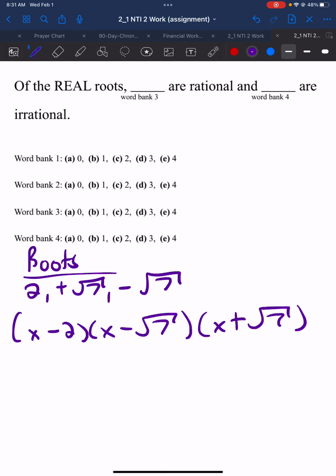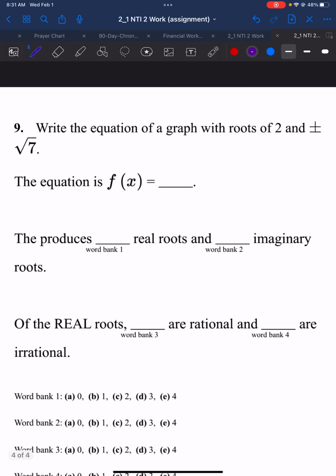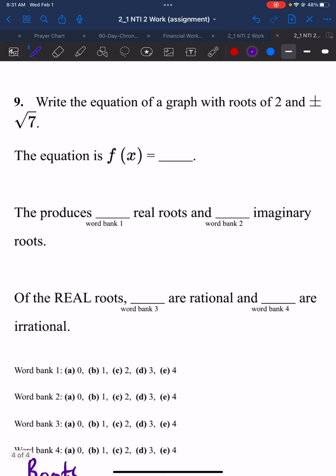Okay? And all I did was flip from 2 to -2, positive square root of 7 to negative square root of 7, and negative square root of 7 to positive square root of 7. It doesn't state it explicitly here, I don't think. So yeah, it just says write the equation, but it's going to want it in standard form.